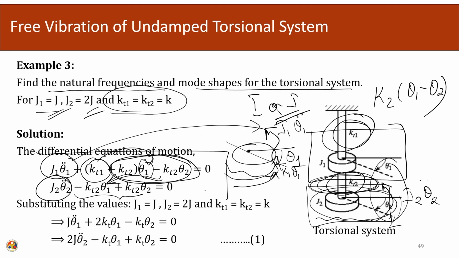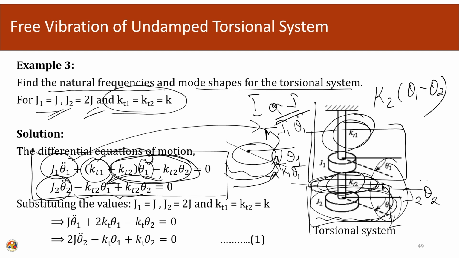This way we wrote down the differential equations of motion for this particular system. What we did was we broke down this system, drew the free body diagram, identified the inertial components, identified the stiffness components, wrote down their directions, and from their directions wrote down the equation of motion.